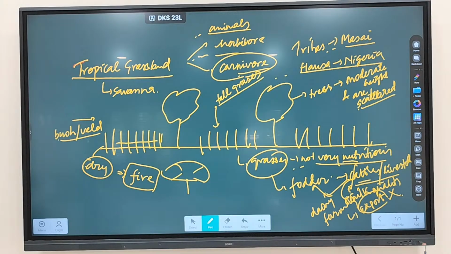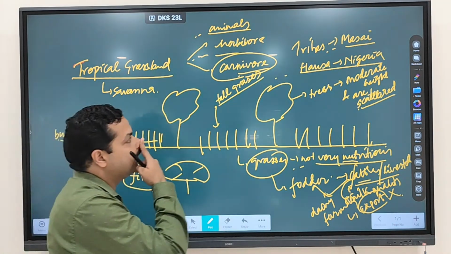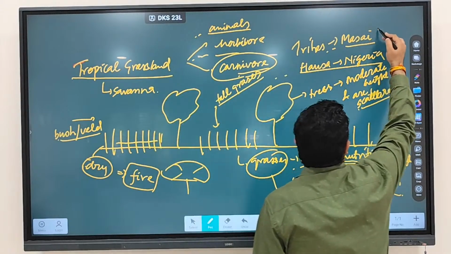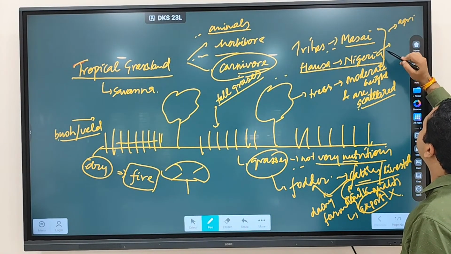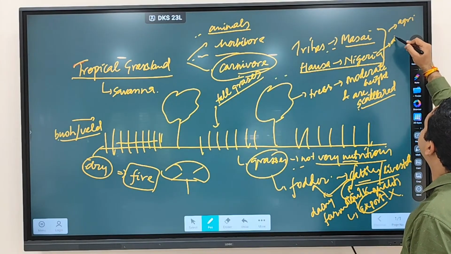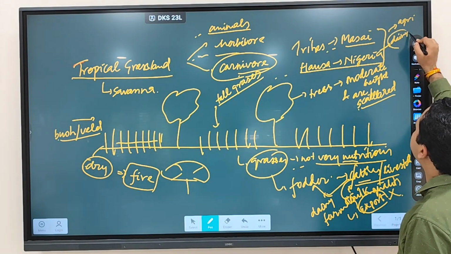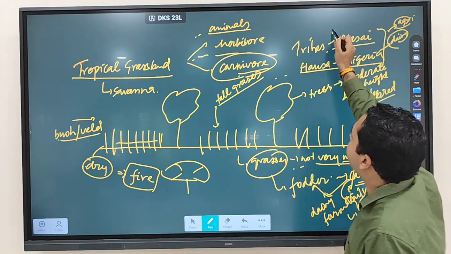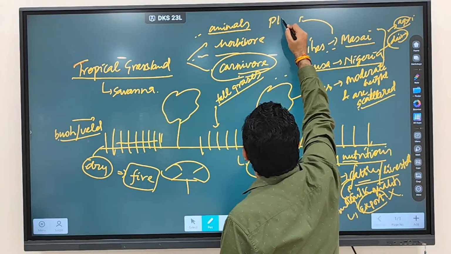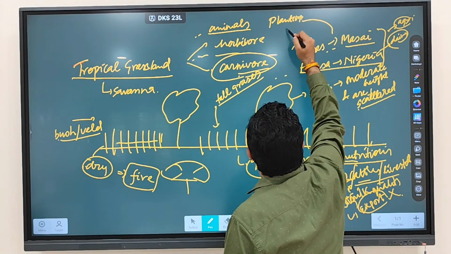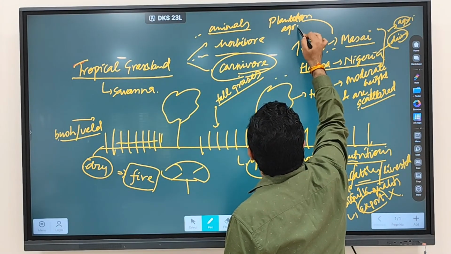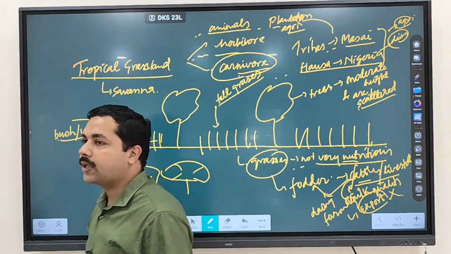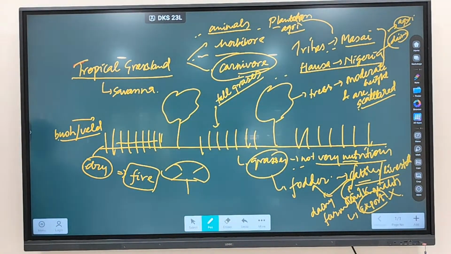They are also practicing dairy farming, but not large scale dairy farming. So that you have to keep in mind. Some plantation agriculture is being done over here, in case of mountains and so on. Wherever this is present, plantation agriculture is being done in this particular region.